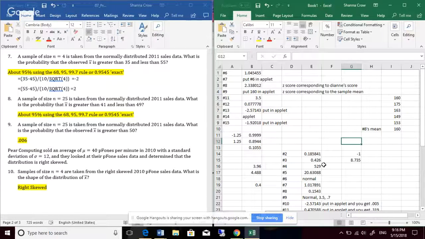Like the mean is 45, right? One standard deviation to the left would be what? 35. One standard deviation to the right would be what? The reason it's wrong is because it's for the sample. And for the sample, it means the standard deviation is small. Do you understand?